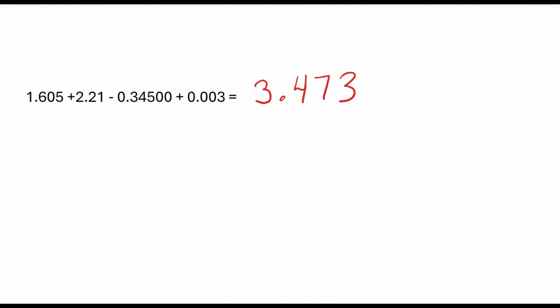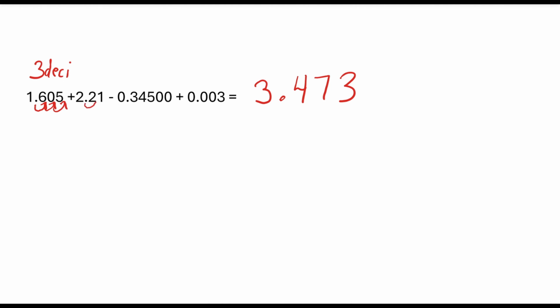Now we go to each number that's added and subtracted, and we count how many decimal places it has from the first decimal. So here we have 1, 2, 3. This number has 3 decimal places.